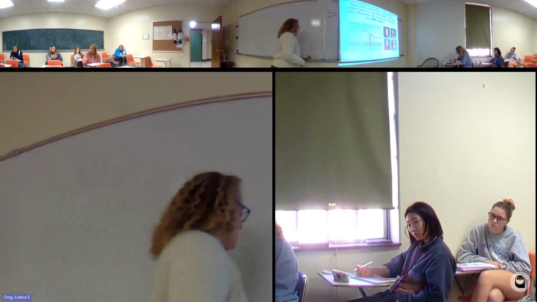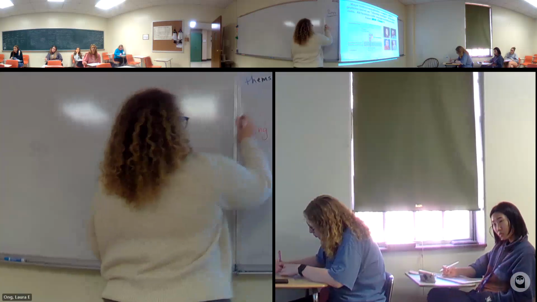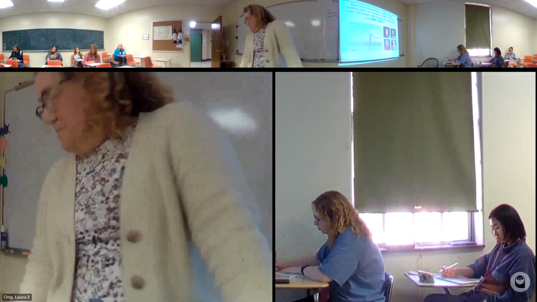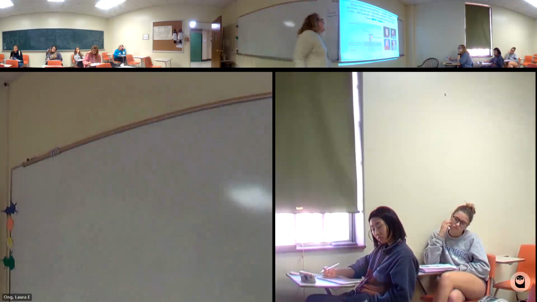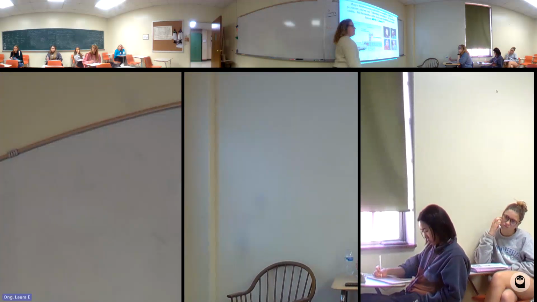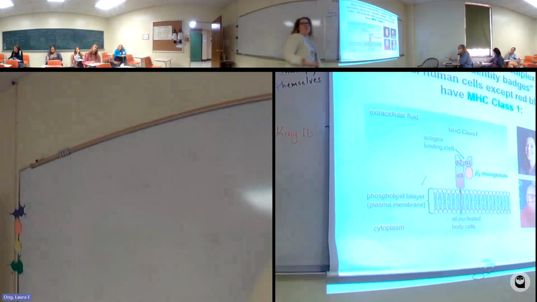And having an MHC class 1 is kind of like having a King ID. And probably, technically, all of us right now, I could get mine out of my office, ought to be able to pull out a King ID card if we needed to prove that we're allowed to be here. So everybody has that. Every human cell has this MHC class 1 that's sticking out of the surface. The only ones that don't have it is a red blood cell, but it's like, I belong here. I'm a part of this human's body.